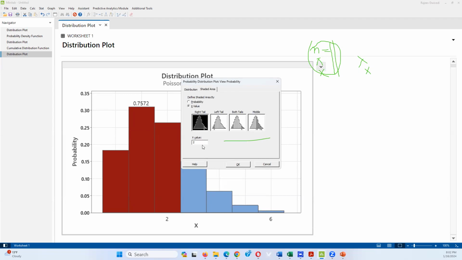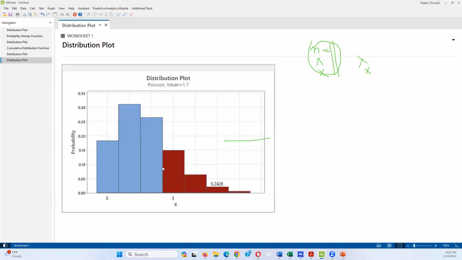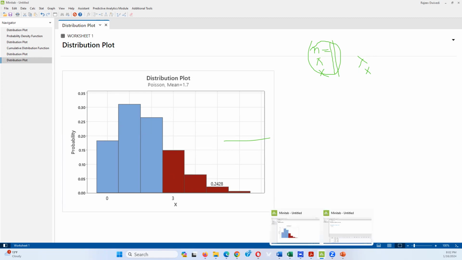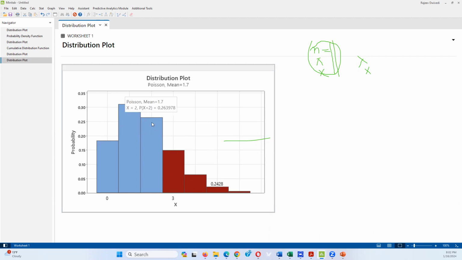Now we need this side, 3 plus all other values, and you can see the total value for 3, 4, 5, 6 and whatever is next is 24%. And what is the probability that exactly 2 customers will arrive? Then you can see X equal to 2, and you can see 26%.